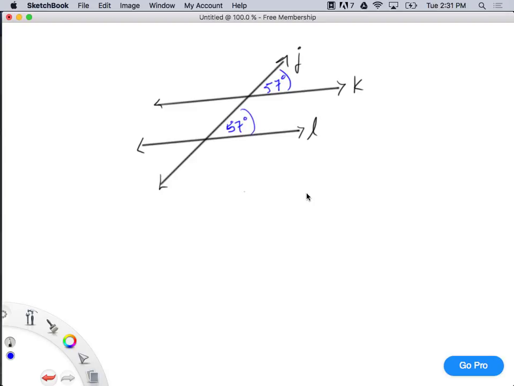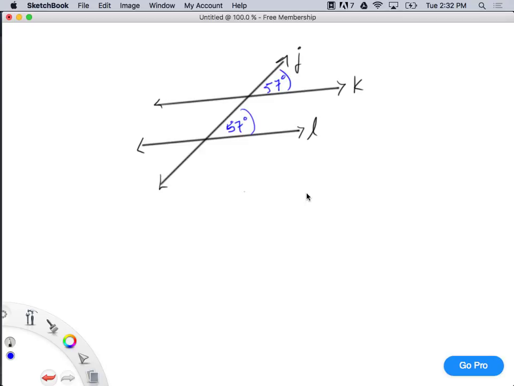If I know that both of those angles, what do I know about them? The measures are the same. So what do I know about those two angles? They are congruent. Are those corresponding angles? Yeah. So those two corresponding angles are congruent, right?